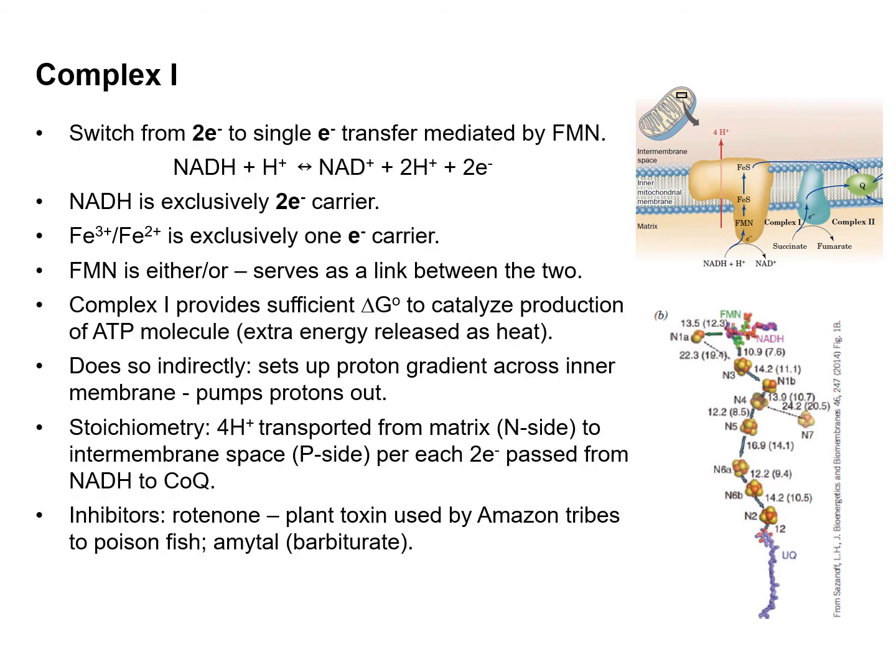Complex 1 is peculiar because there is a switch from 2 electrons that were handed from the NADH to a single electron transfer mediated by FMN. So the actual reaction here for the NADH oxidation will be NADH plus H plus is NAD plus, 2 hydrogen cations and 2 electrons.